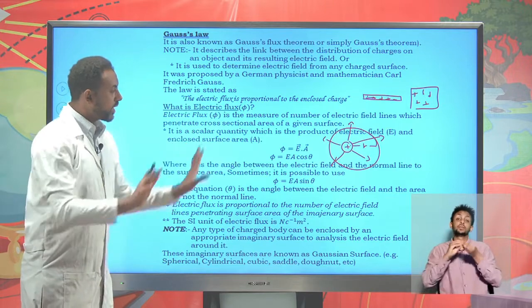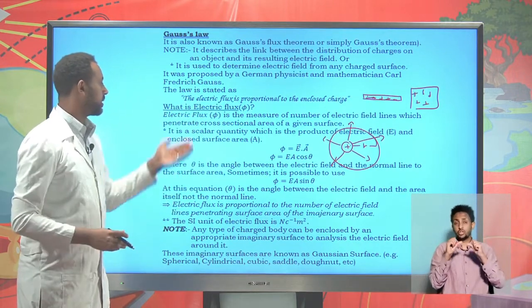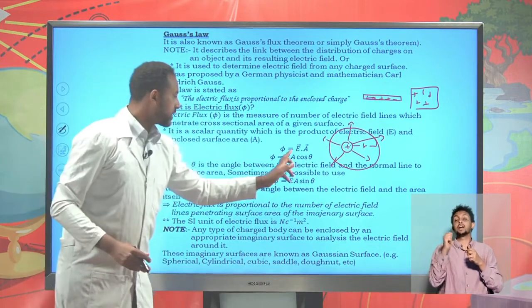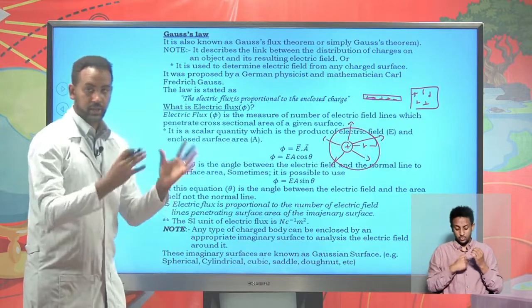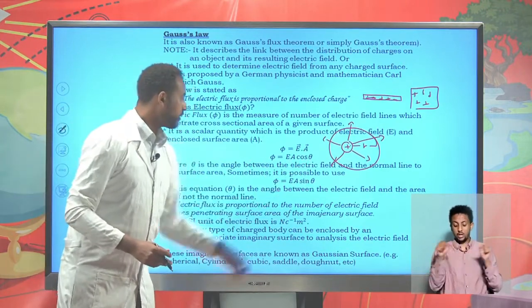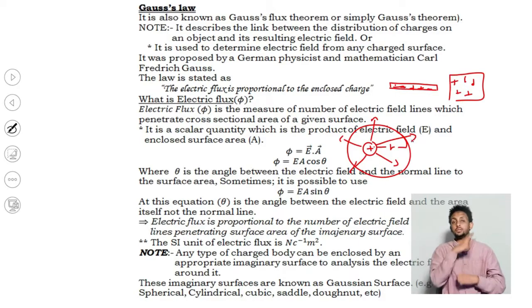The number of field lines which penetrate this surface is measured using electric flux phi, and mathematically it's the dot product of the electric field and the cross-sectional area, EA cosine theta. The SI unit of electric flux can be given as Newton per Coulomb.